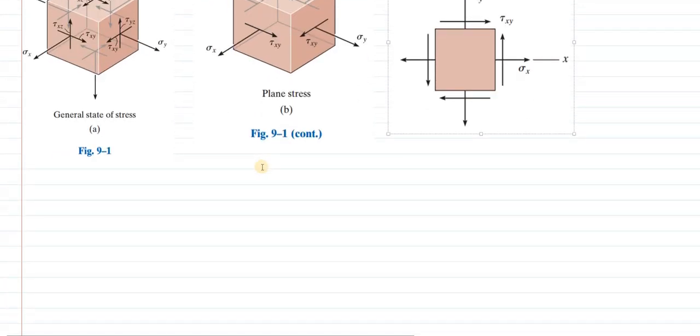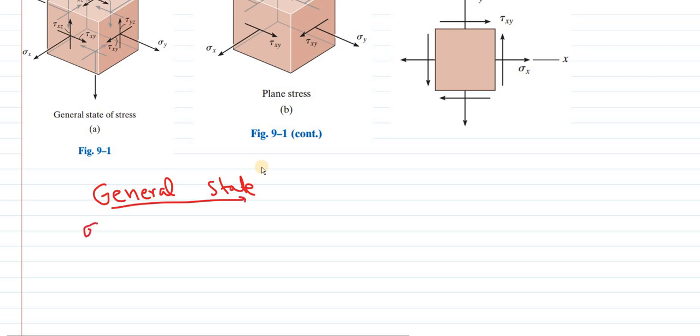Now let's see. We discussed that in the general state of stress, we need to know sigma x, sigma y, and sigma z, and we said we need to know tau xy, tau xz, and tau yz, any three unique components.